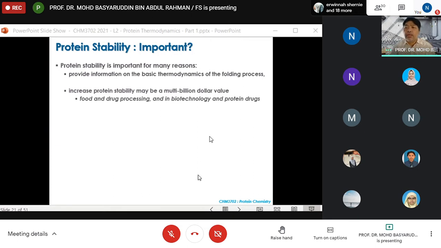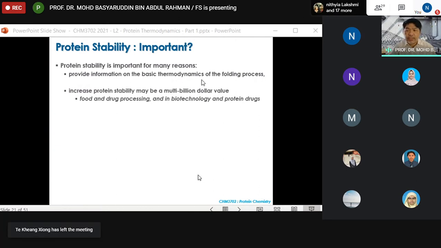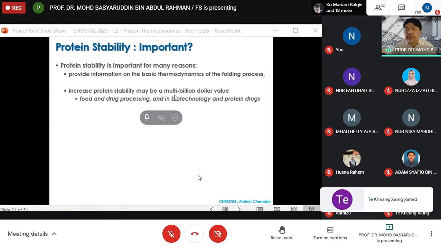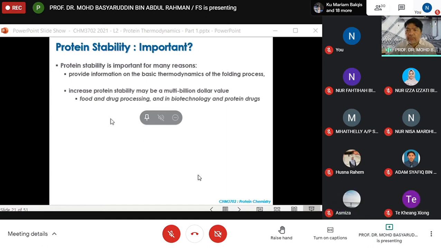First, of course, it provides information on the basic thermodynamics of the folding process. This is very fundamental, but the fundamental or theoretical information can lead to application. We know as well that increased protein stability may be a multi-billion dollar value. We're talking about food, how you want to preserve food, the protein.